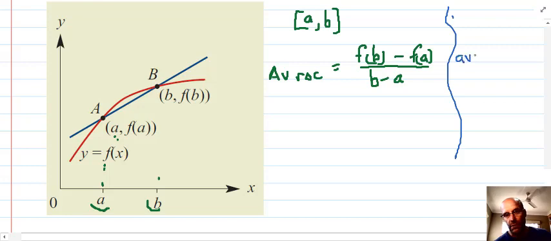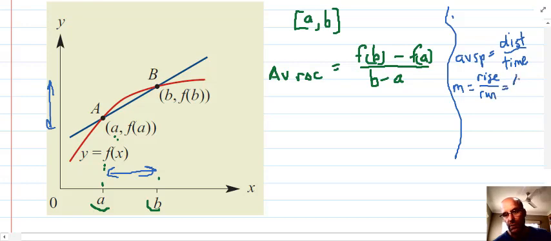Now that should ring a bell, because it links, not unsurprisingly, to other things. We were going average speed before, which is the distance travelled over the time taken. Basically it's the difference in that quantity divided by the difference in that quantity, and that should also ring a bell in terms of your previous work on gradient, which is the symbol m, and it's the rise over run, or y2 minus y1 over x2 minus x1, or in other words, the change in y over the change in x, which is sometimes written as delta y over delta x.